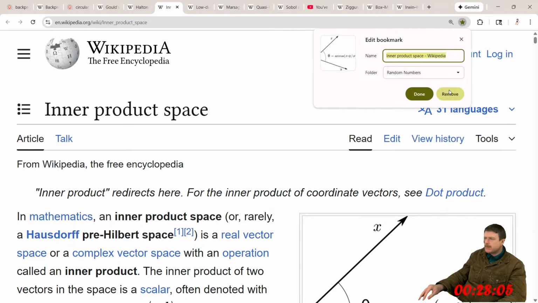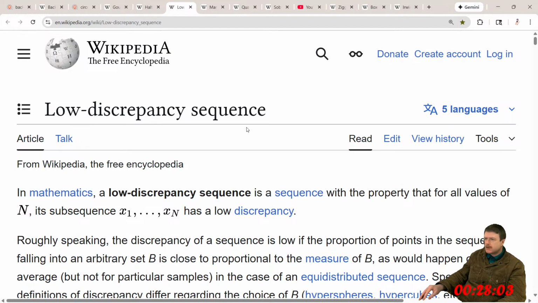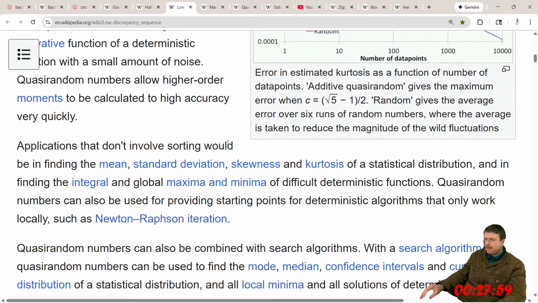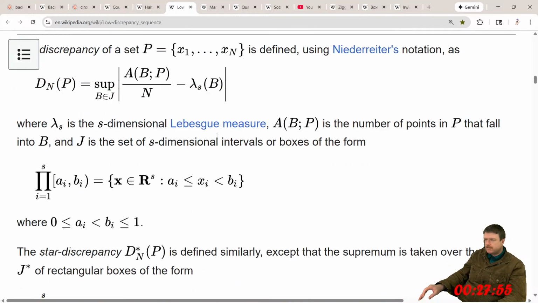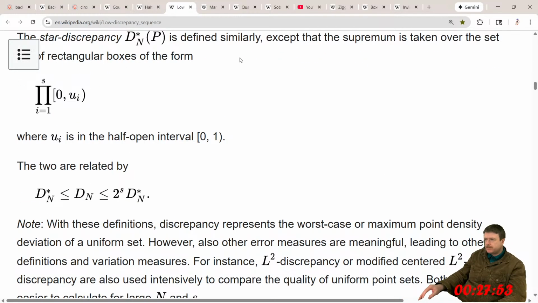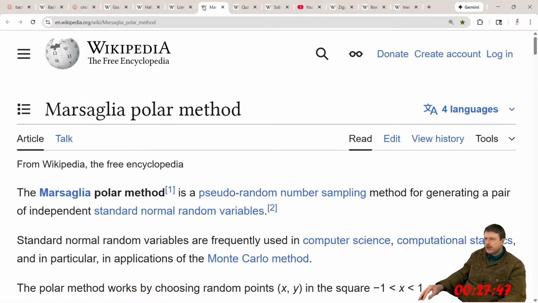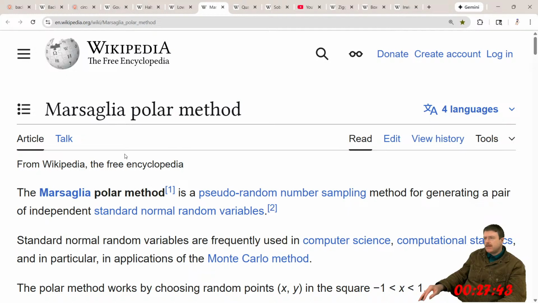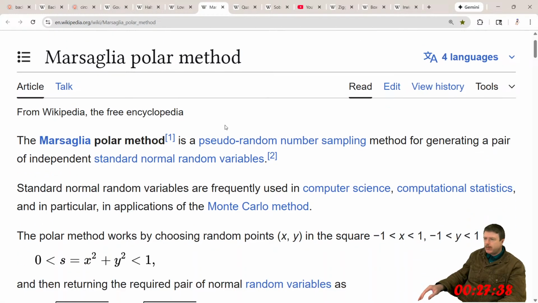I don't think that was supposed to have that one. No. And we could just watch this one dude's video. Is this it? Here it is. The Marsaglia polar method.